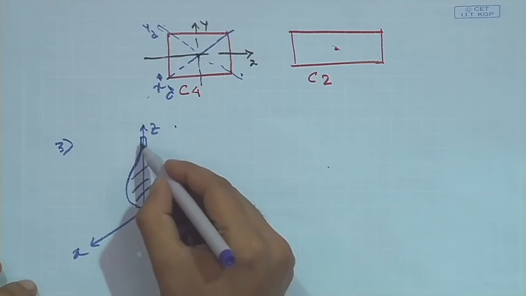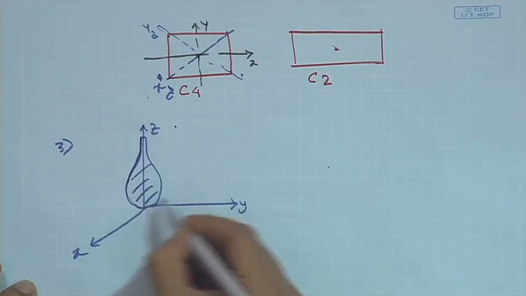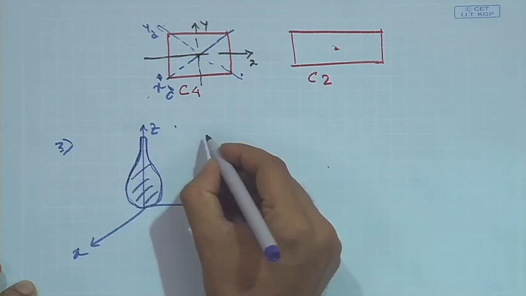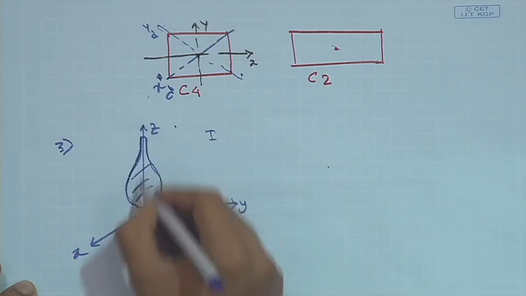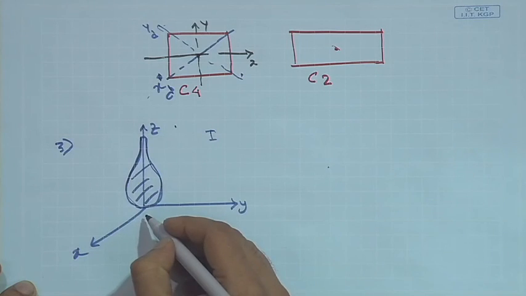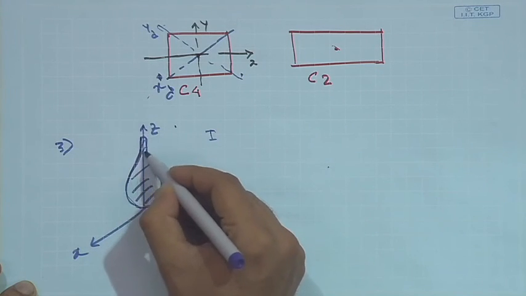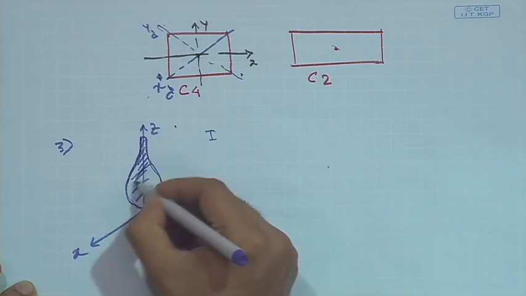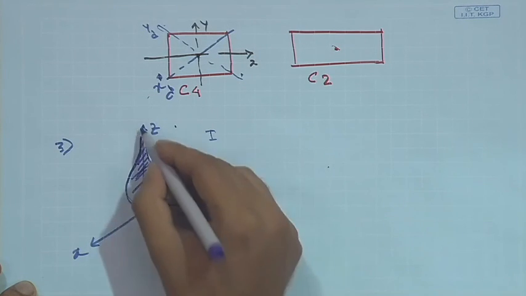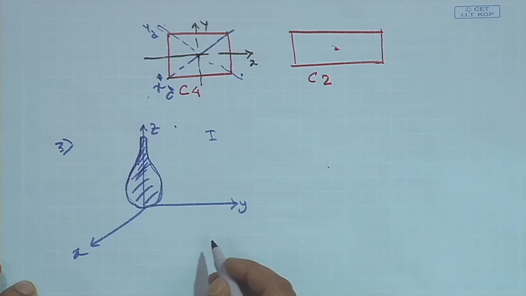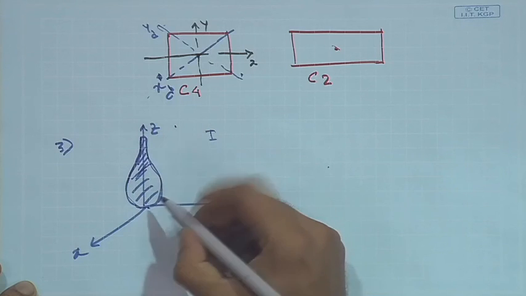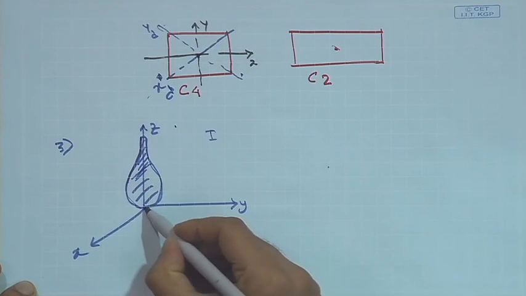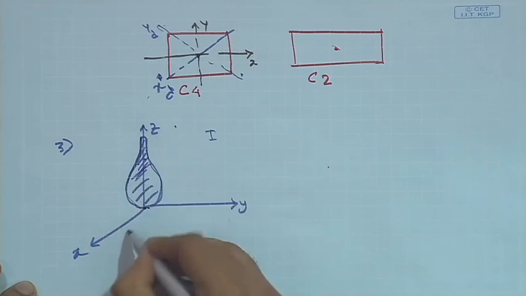Now, looking at the mass distribution around these three axes, the moment of inertia I, for a given axis, is a function of mass distribution. From the symmetry itself, I can see that around z the mass distribution is minimal. Around x and y we have substantial distance, average distance from a mass point.